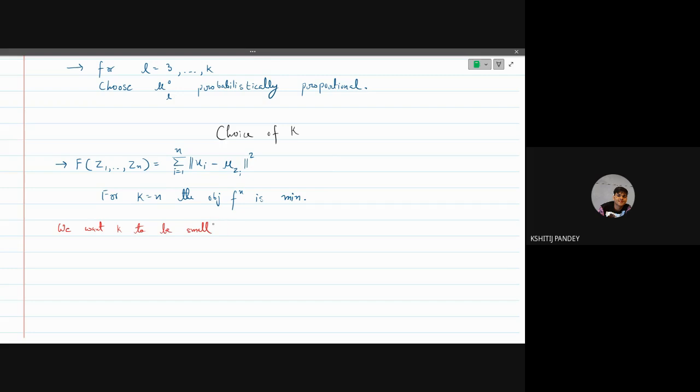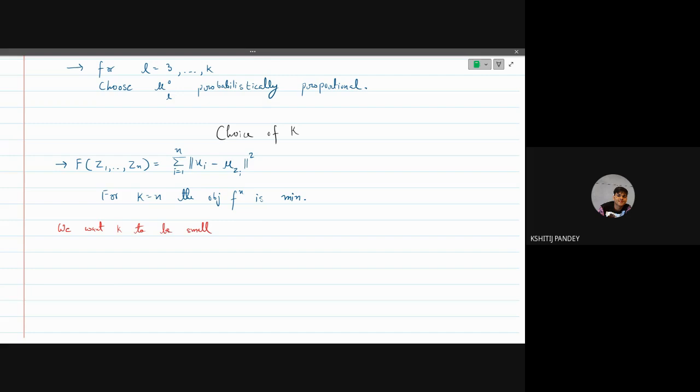Okay, smaller the value of k, the better the clustering, right? Well, if you have larger value of k, the objective function will be less, but the clustering will not be very good.